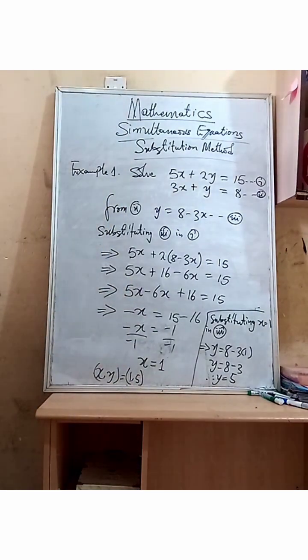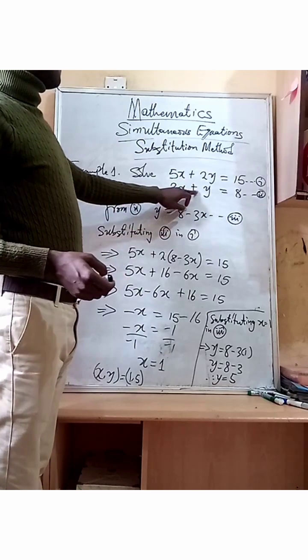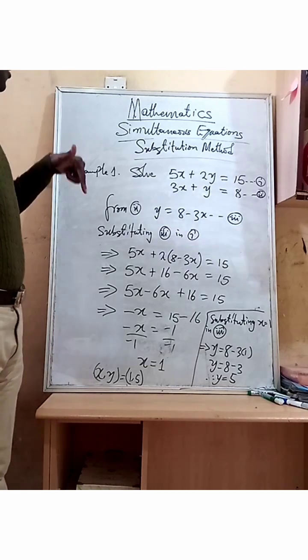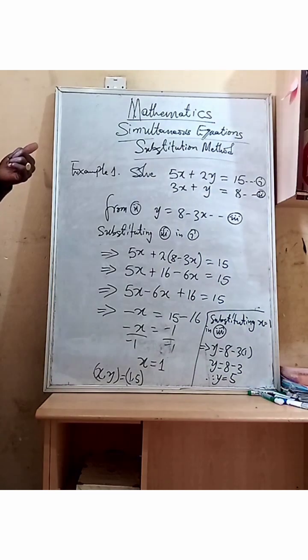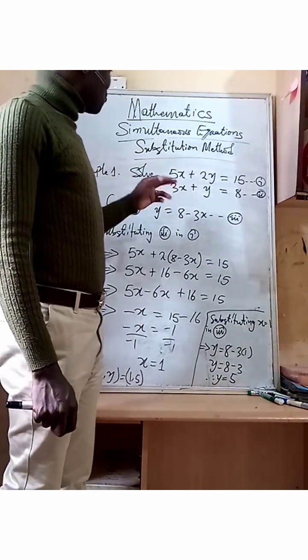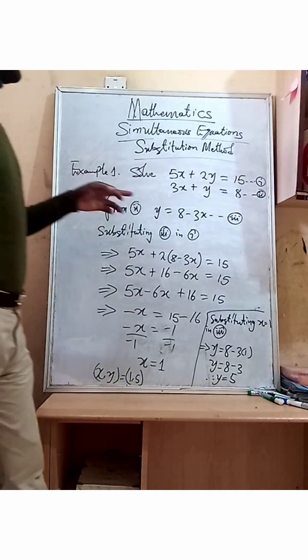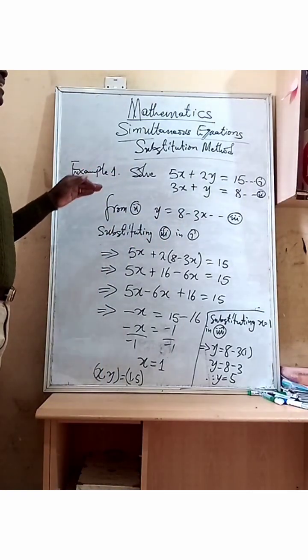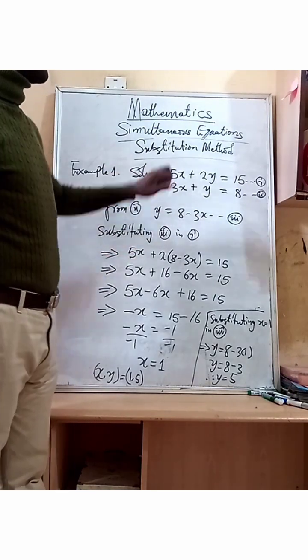So this is the condition that will make it advisable for us to apply substitution method: when the coefficient of one of the variables is 1, and it's only one variable that has that coefficient, and that variable falls in equation 2. So the most reasonable thing would be to make that variable the subject, since we will not have to divide through by any other coefficient, and we substitute in the other equation, which is equation 1.